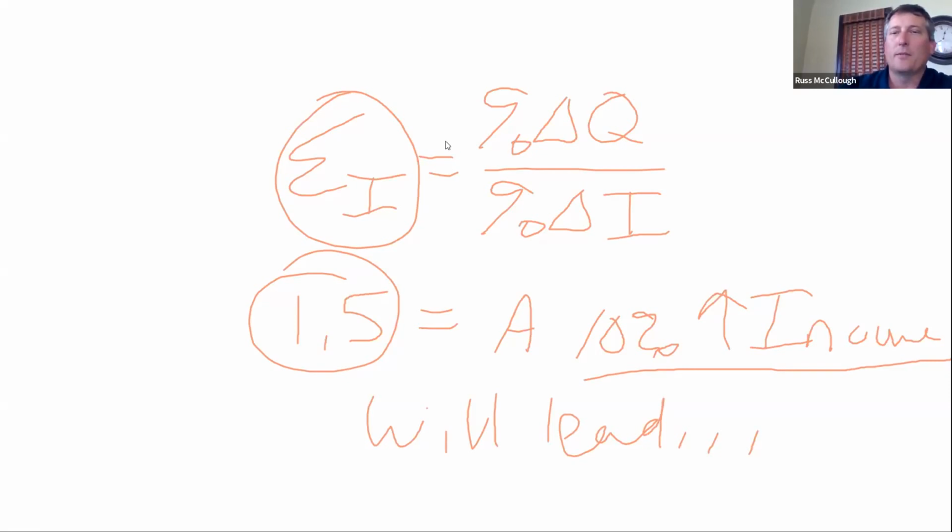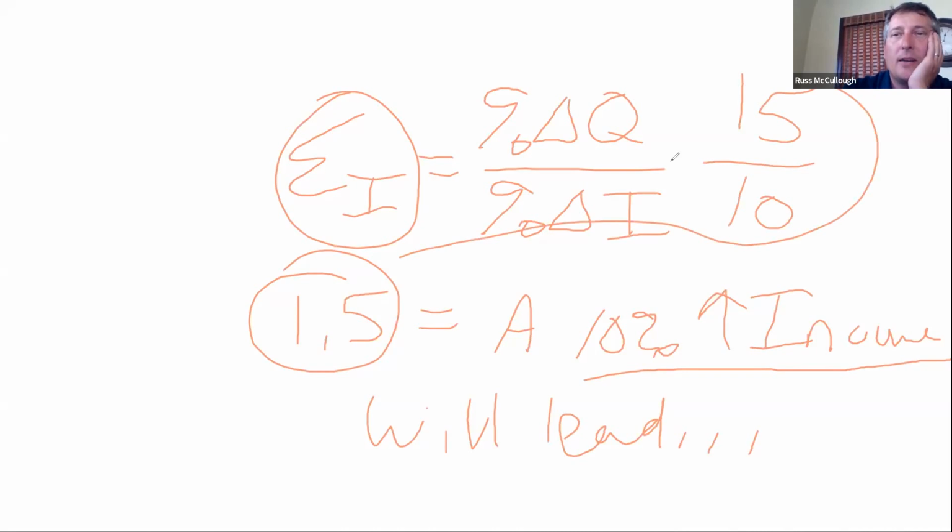Good. Lead to a 15% increase in quantity. Good, JC. Right? So with the 10 down here, and we know that it's 1.5, it must be a 15 up top. So 15 divided by 10 is the 1.5. And that gives us a nice way to interpret that.